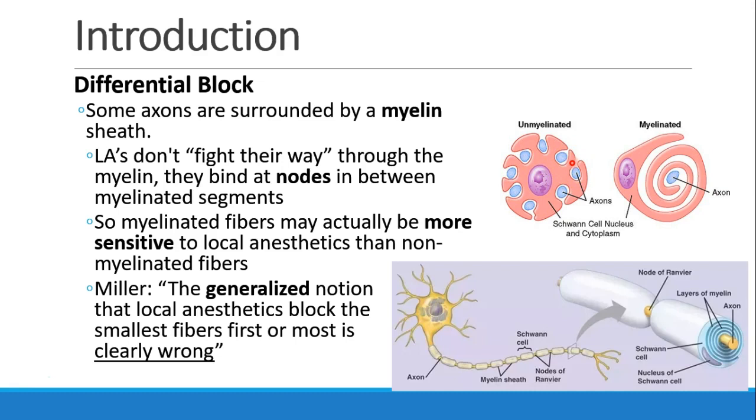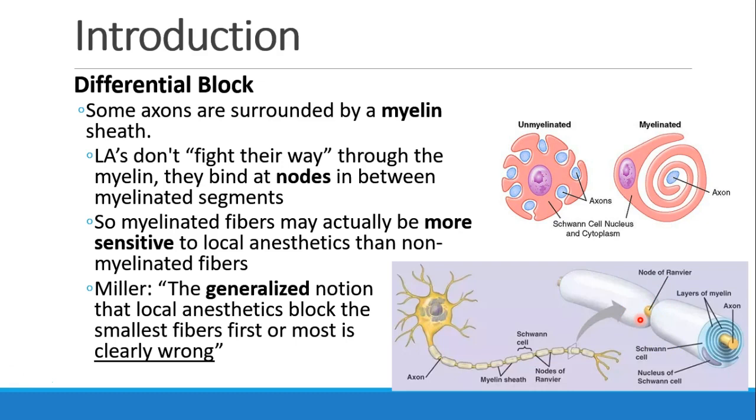Now, some people think that local anesthetics have to fight their way through this myelin, but that's not true. The local anesthetics can bind at these nodes between the myelinated segments. You might think myelinated fibers are more resistant to local anesthetics because of their myelin sheath, but in fact, they may actually be more sensitive because of these nodes.